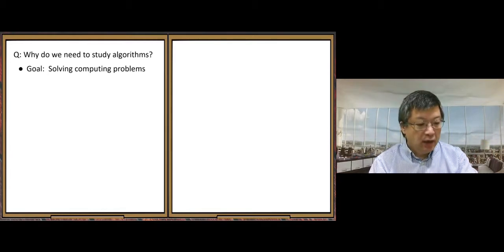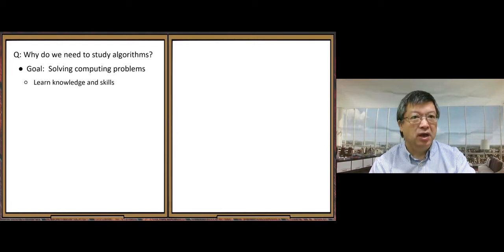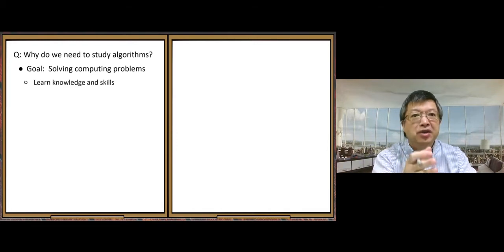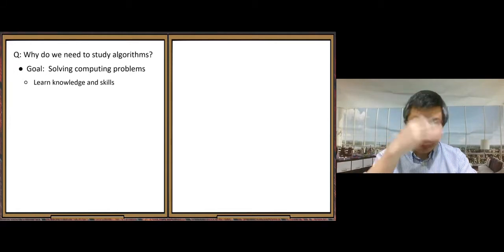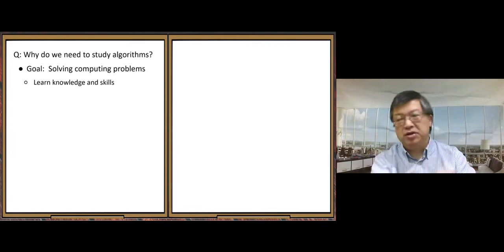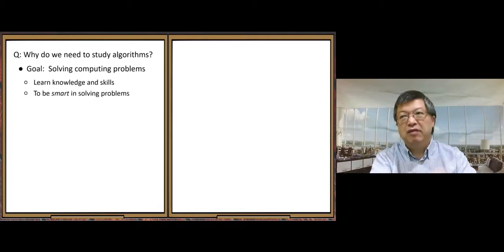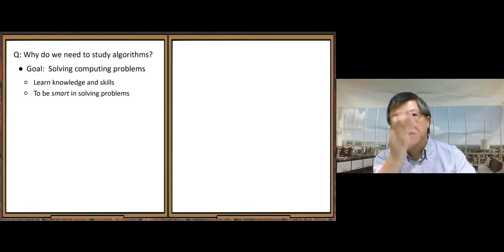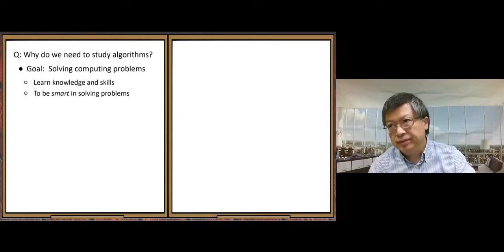Okay. In order to do that, what preparation do you need? Learn knowledge and skills. So, for example, in this class, you need to learn the knowledge and the skills. After that, to solve the problem, to be smart, because in order to solve a computing problem, usually you have many different ways.